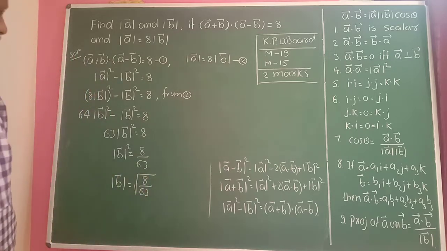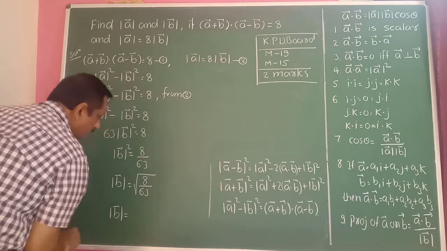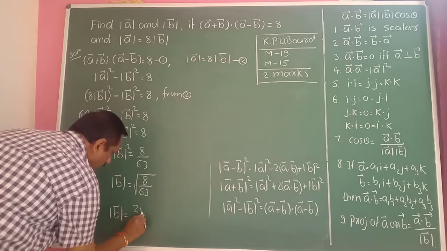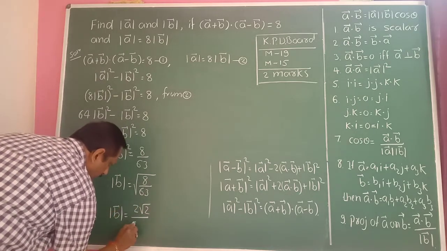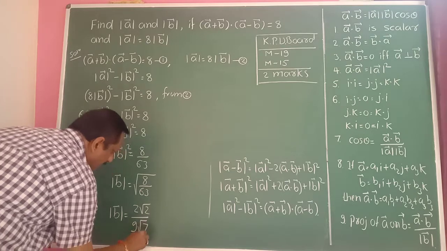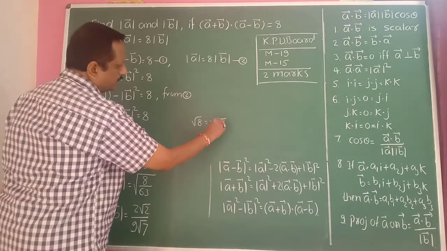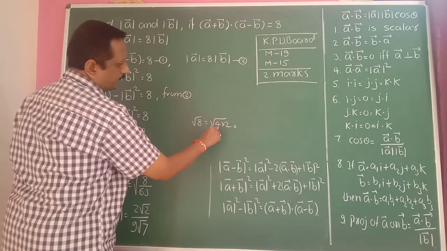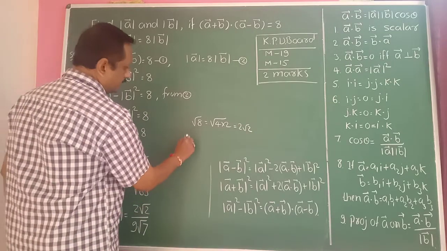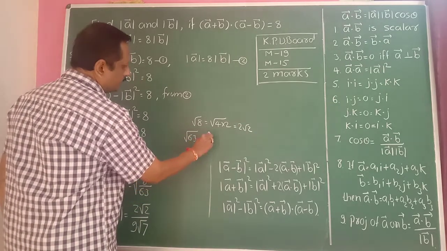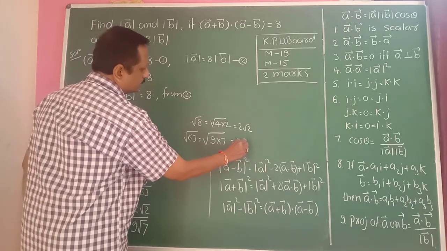Then modulus of B bar is equal to square root of 8, which is 2 root 2, divided by square root of 63, which is 3 root 7. Because root of 8 means root of 4 into 2, and square root of 4 is 2, so it is 2 root 2. And root of 63 is root of 9 into 7. Square root of 9 is 3, so 3 root of 7.